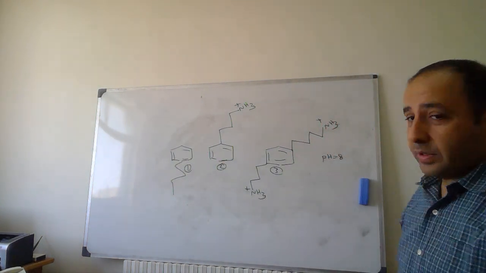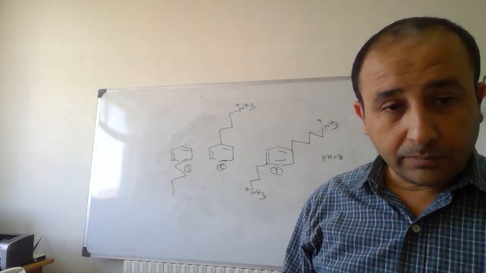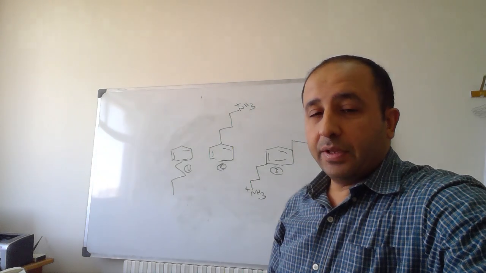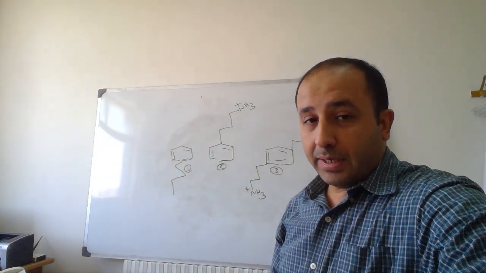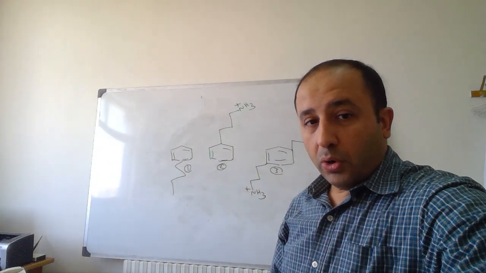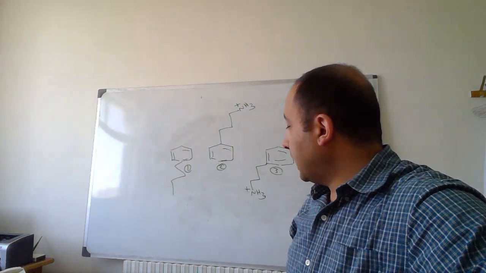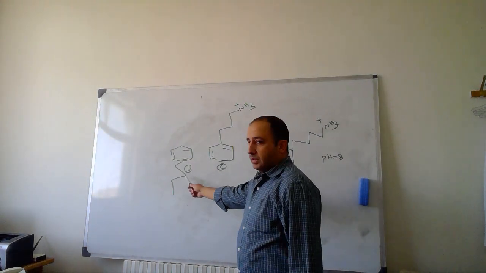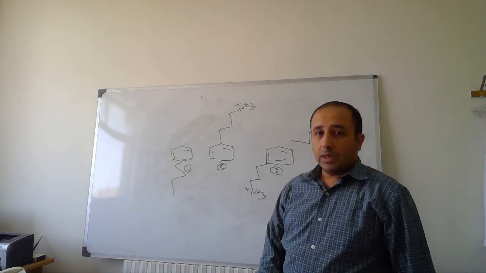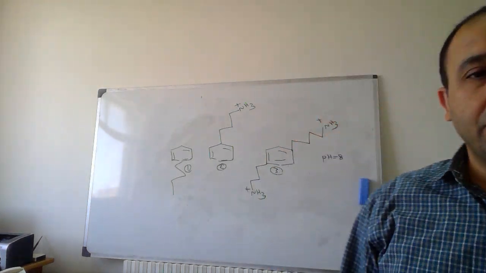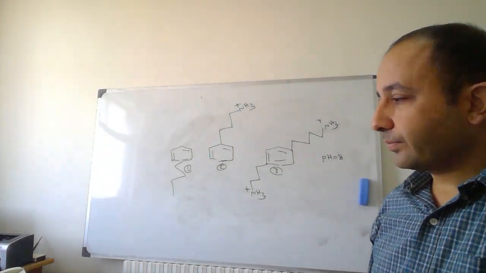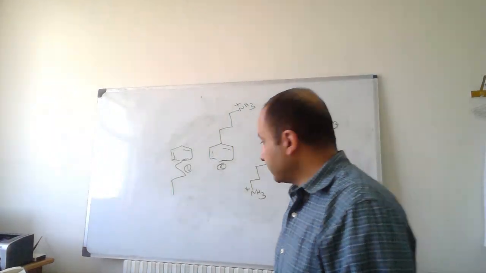So if we use cationic exchange, even silica-based cationic exchange, we can get these compounds separated with a neutral or acidic pH mobile phase. Compound 1 will elute first, and the last one in elution will be compound 3.